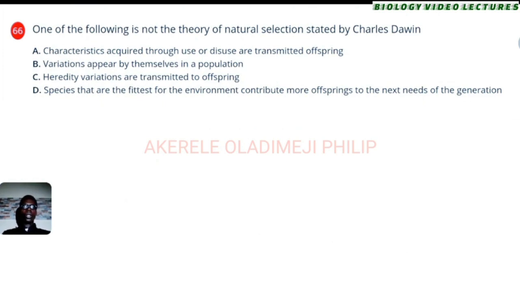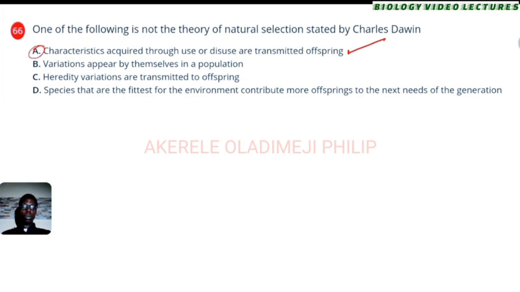One of the following is not the theory of natural selection stated by Charles Darwin. Characteristics acquired through use or disuse are transmitted to offspring. And this is the answer, because that was proposed by Jean Lamarck, which of course we know is wrong.